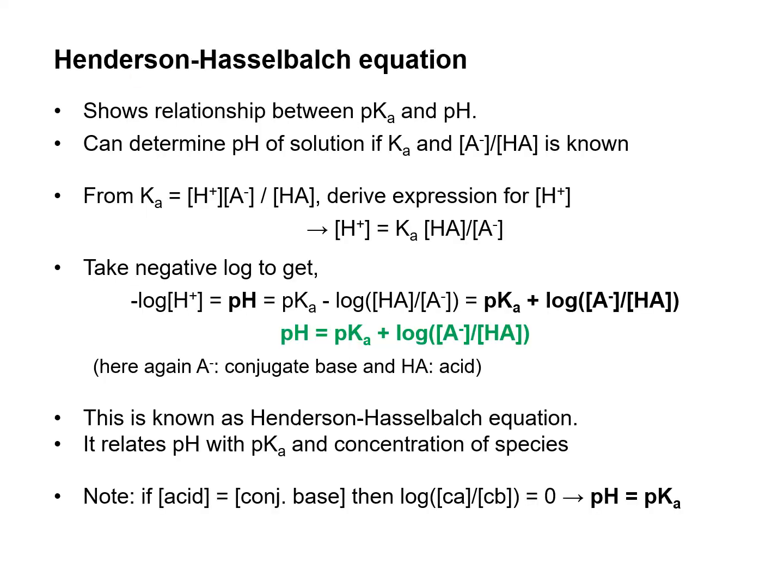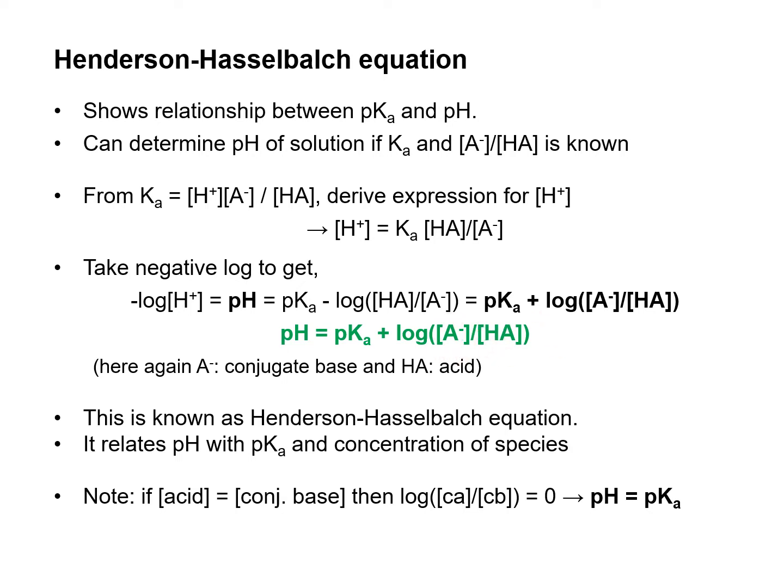And the Henderson-Hasselbalch equation is such an important equation that is often used to make a relationship between pKa and pH. Starting from this formula, you can derive the final one here, written in green, which is pH equals pKa plus log of the ratio of the conjugate base and the acid.